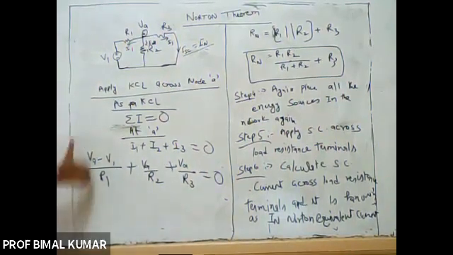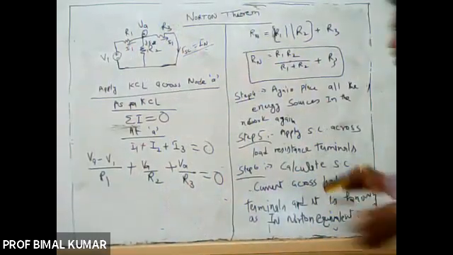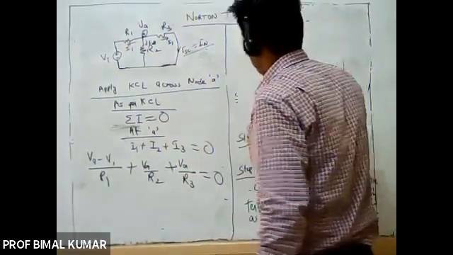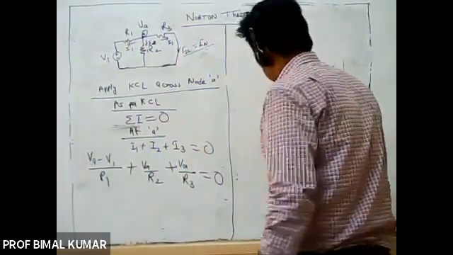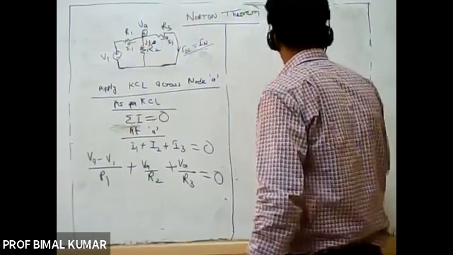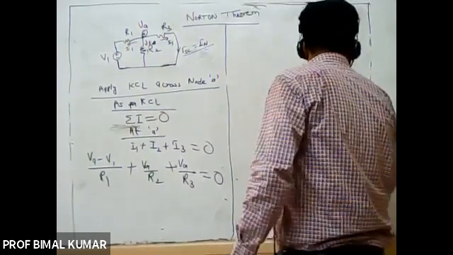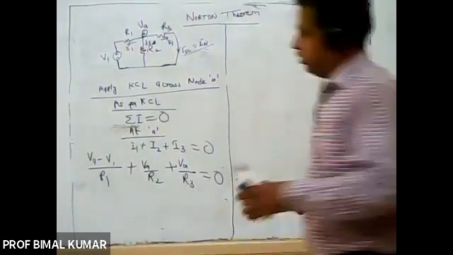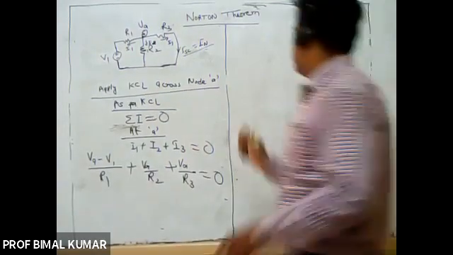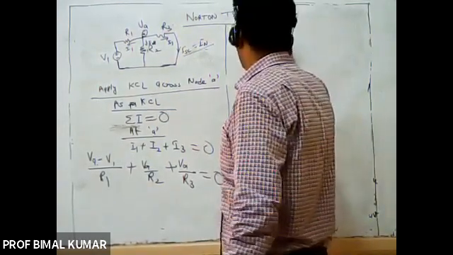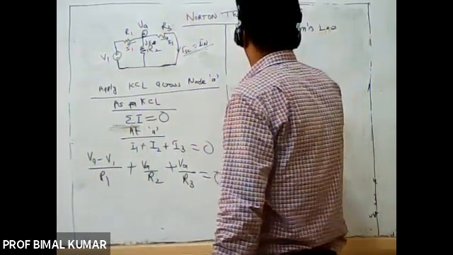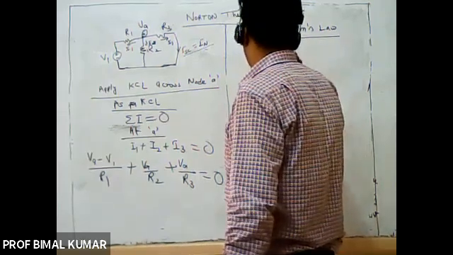VA minus V1 upon R1, because as per Ohm's law, I'm just going to explain how that equation will become. Let us say this is your resistance.